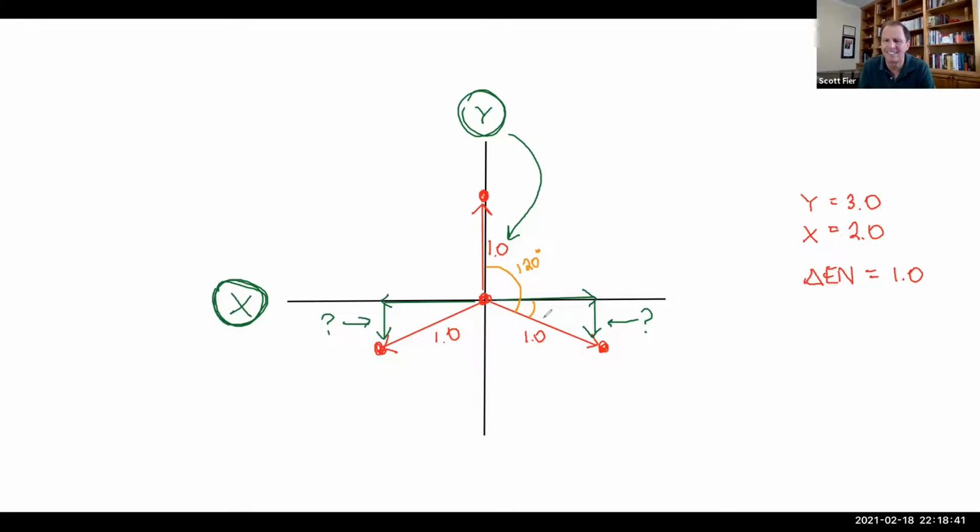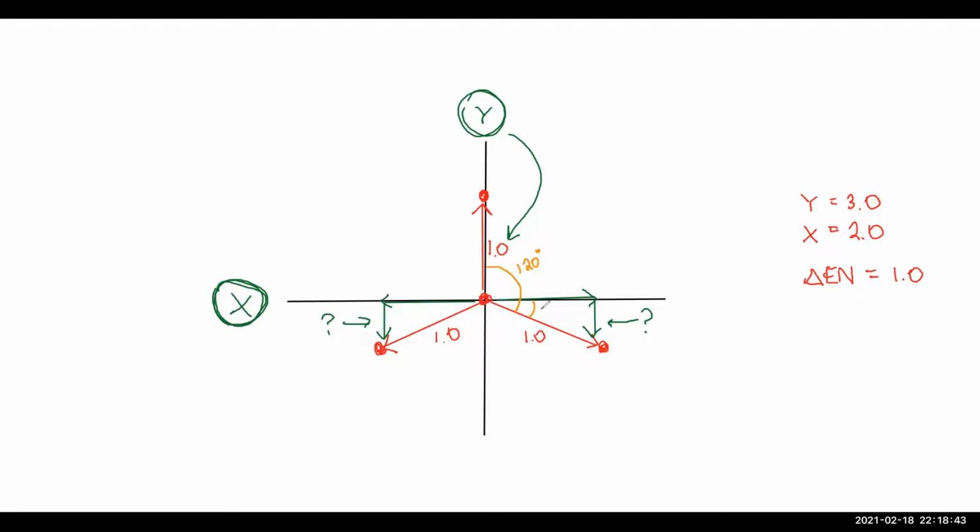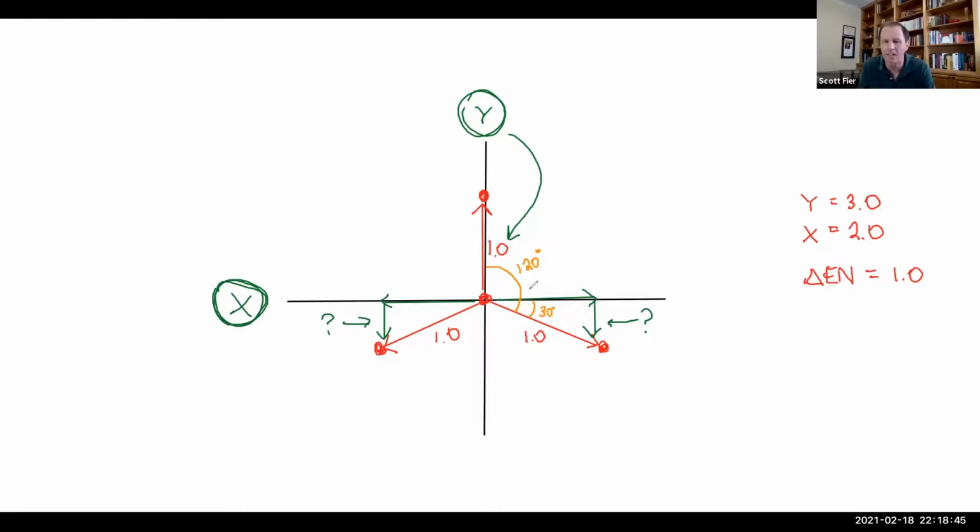Try again. 30. 30, because this is 90, and then 30 more would make 120. Okay? So if this is a 30-degree angle, this part of the triangle is 1.0, because that's the difference in electronegativities. What's going to be my value for x here? How do you figure that out?